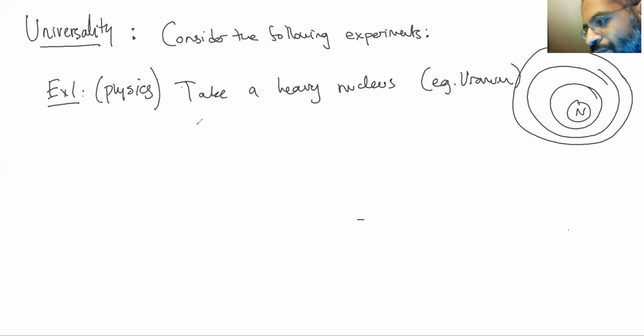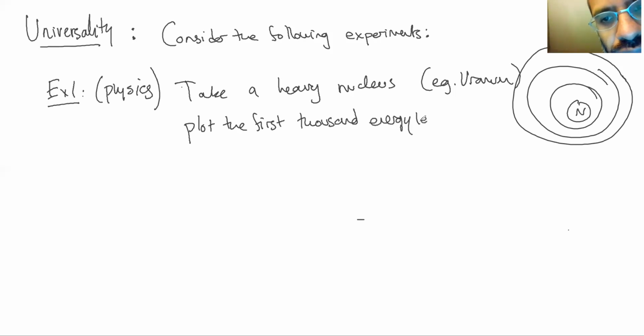And what you could do is you could plot the first 1,000 energy levels. And actually what you could do is you could pick 2 random levels, they don't have to be adjacent, and plot the spacings between them.